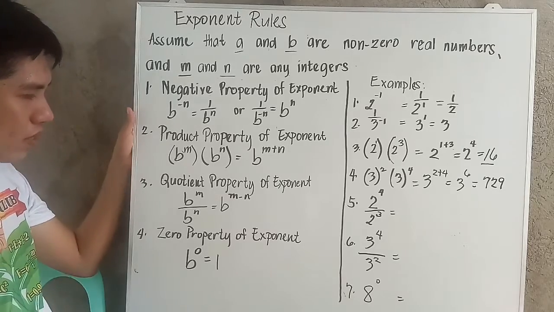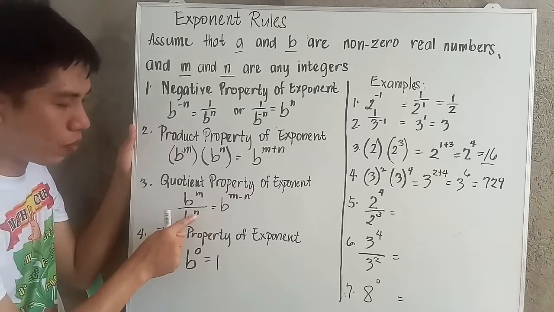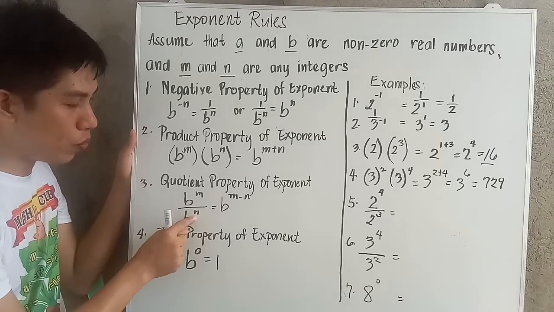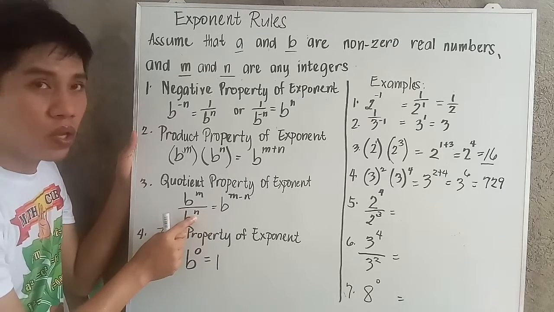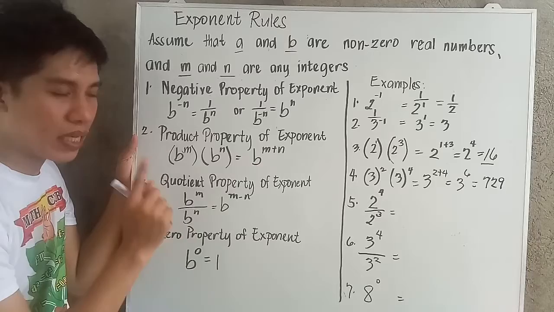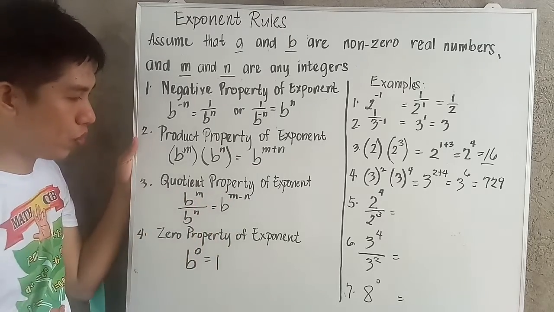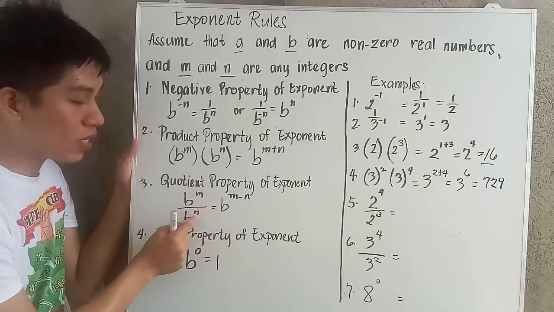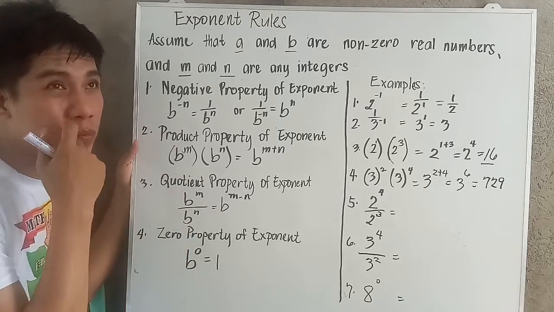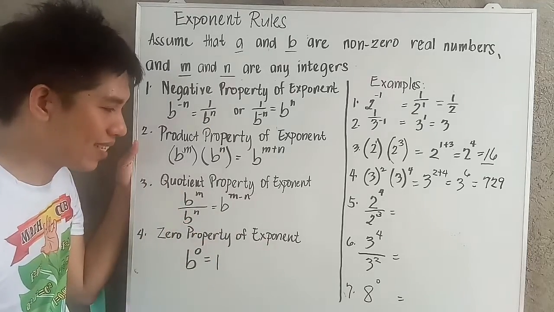So in this case, if n would be the exponent of our denominator, all we have to do is to subtract it from the exponent on the numerator. So aton siya i-subtract ang exponent sa ubos dito sa exponent sa taas.